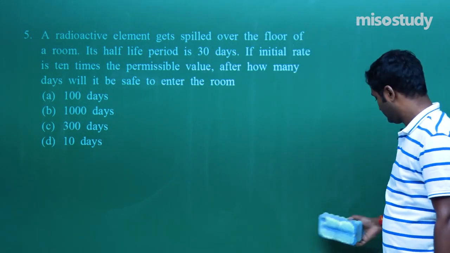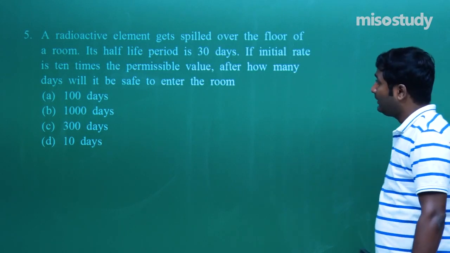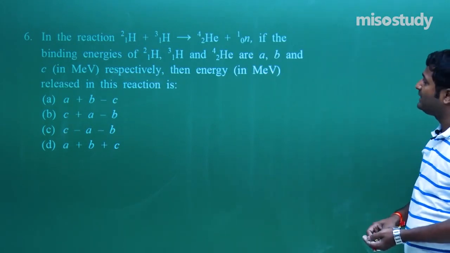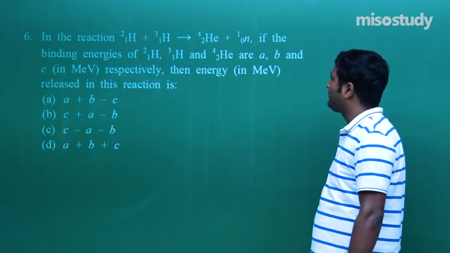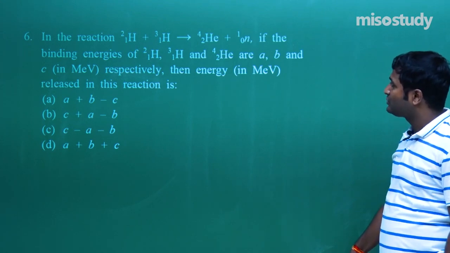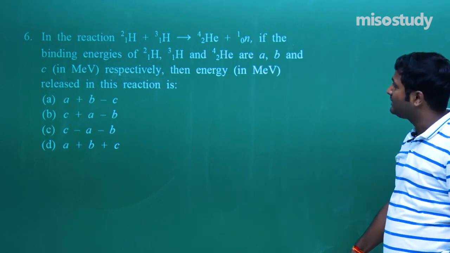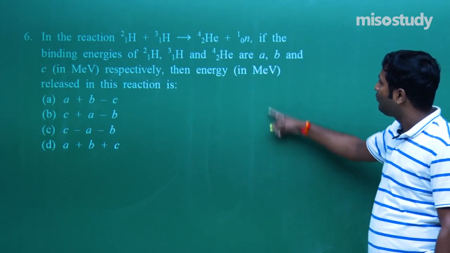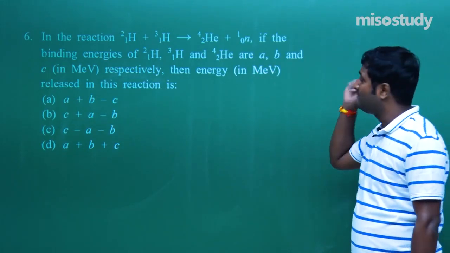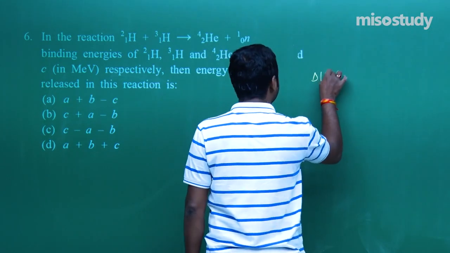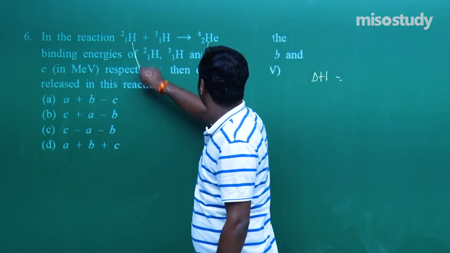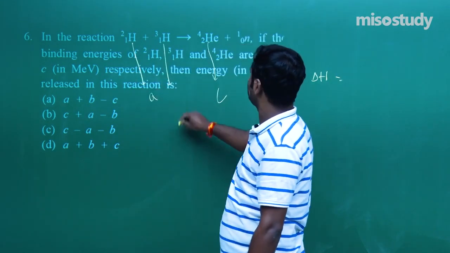Clear? Now, question number 6. In the reaction 2,1H plus 3,1H gives 4,2He plus 1,0n, if the binding energies of 2,1H, 3,1H and 4,2He are A, B and C, then the energy released in the reaction, very simple, is delta H equal to C, where A is given for 2,1H and B for 3,1H.